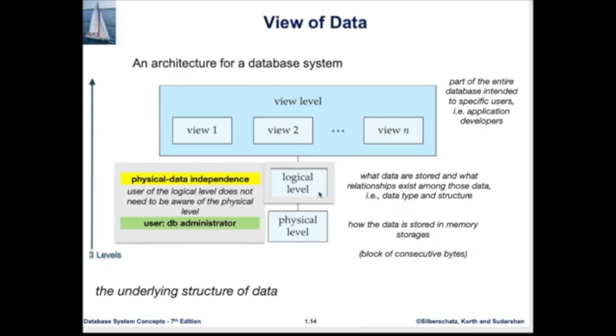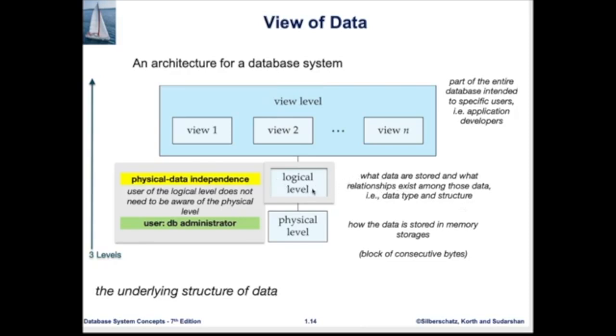And then for the logical level naman, it is an abstraction that explains what data are stored and what relationships exist among those data. So yung information about the data type, is it a string, is it a date, is it a number, and yung structure, so meaning yung mga different columns na part ng isang relation, dito na define sa logical level.